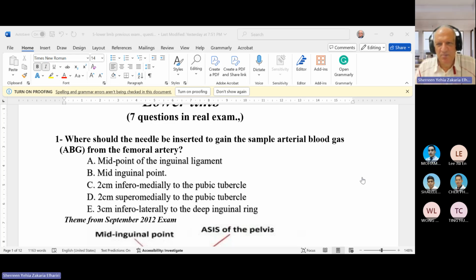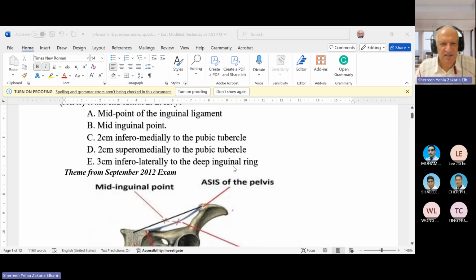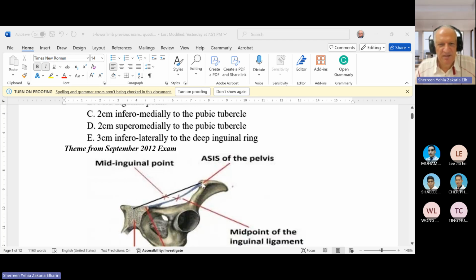This is an important topic because we have two landmarks here: the anterior superior iliac spine and either the symphysis pubis or the pubic tubercle. When you take a femoral sample, it is midway between the anterior superior iliac spine and the symphysis pubis. We call it the mid-inguinal point. So the answer is the mid-inguinal point.